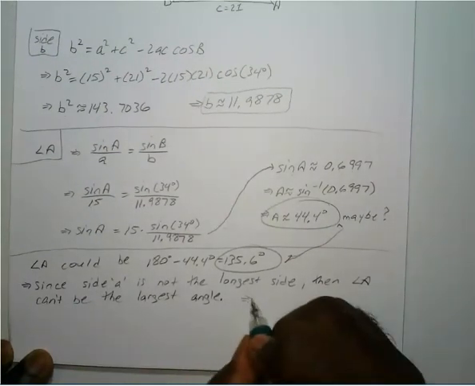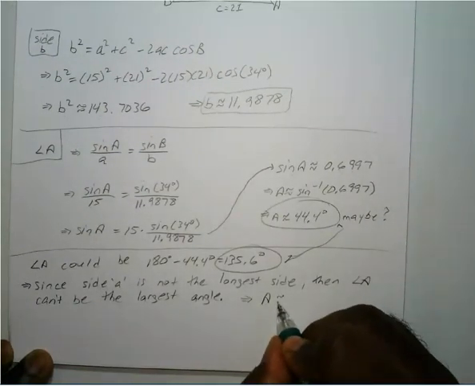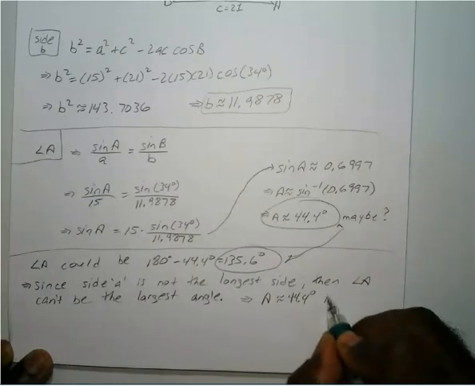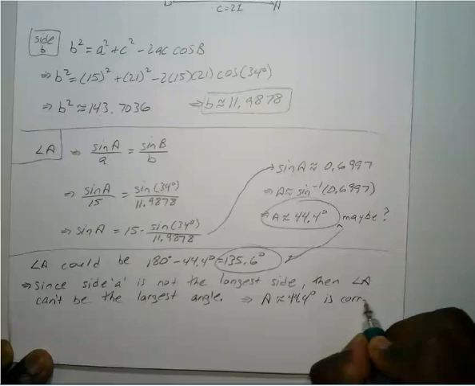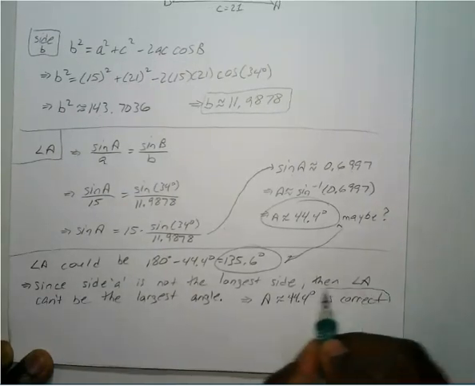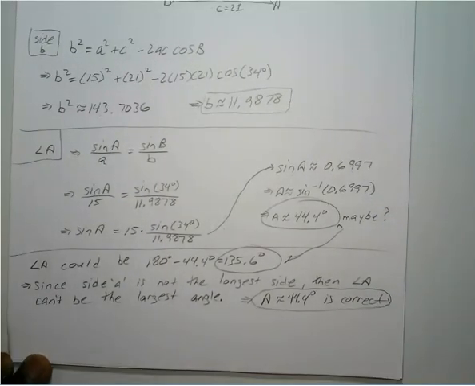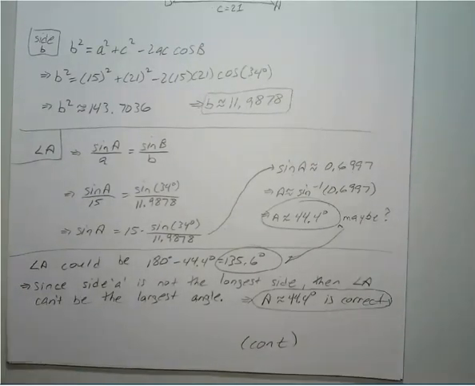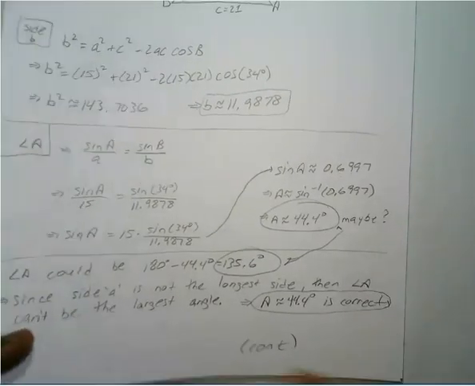So that means that A being equal to approximately 44.4 degrees is correct. Okay, so we still have to solve for angle C. If you are still writing this, of course, feel free to press pause and finish up. We're going to go ahead and continue this on the next page, solving for angle C.